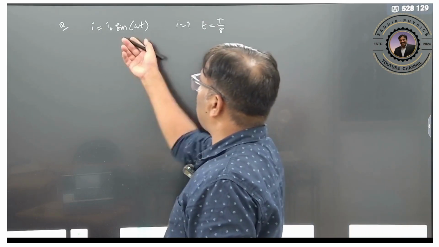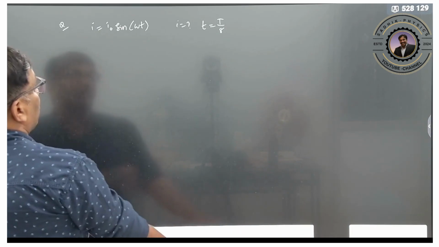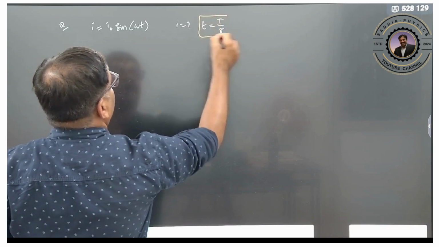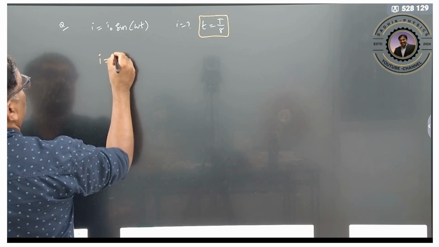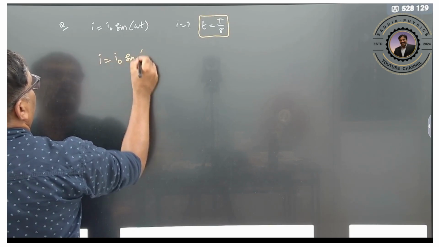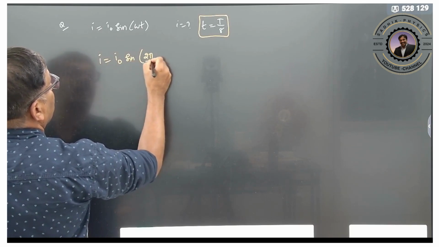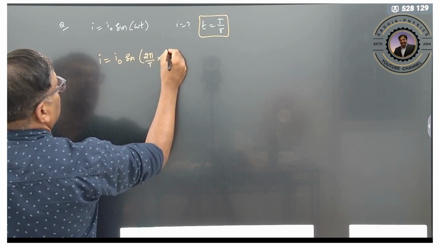Now let us see one more question. This is your instantaneous value, it is given, right? So we want to calculate what will be its value at t is equal to T by 8. Just a simple thing. Therefore I is equal to I naught into sine of 2 pi by T into t.